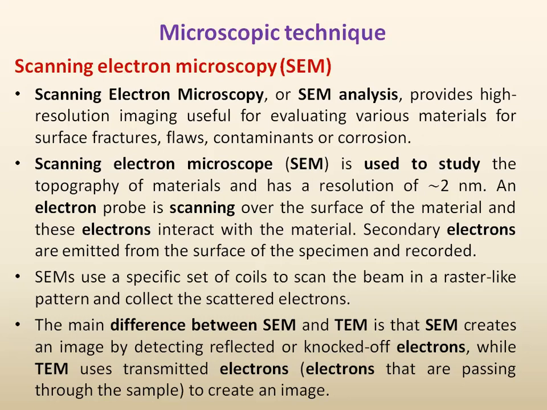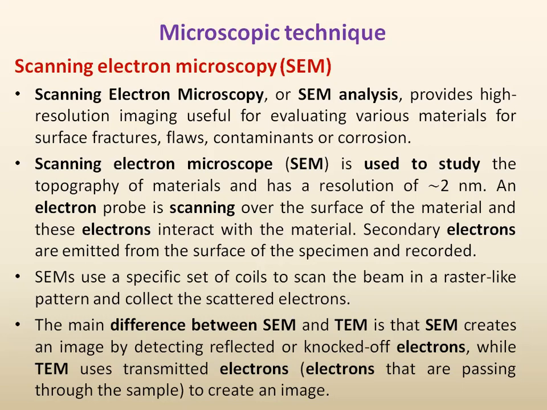The main difference between SEM and TEM is that SEM creates the image by detecting the reflected or knocked-off electrons, while in TEM, the transmission electron microscopy, transmission means electrons get penetrated into the sample, or pass through the sample, and then create the image. So what is the big difference?